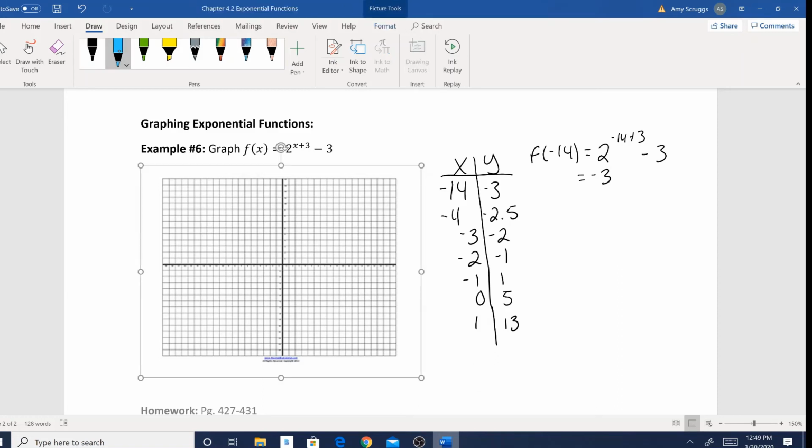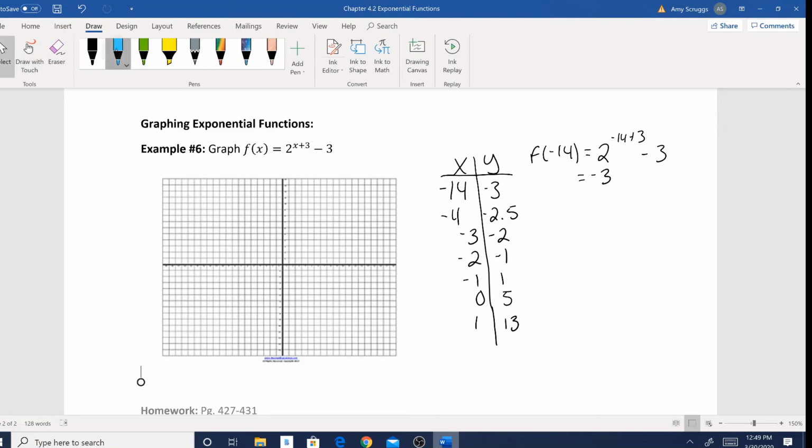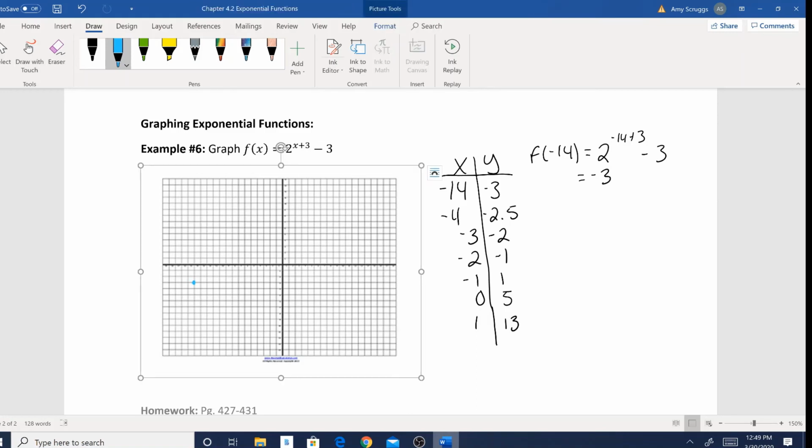Once you get those, let's just go over here to this graph, and let's just do the best that we can to graph it, even if it goes off the graph here. So let's try negative 14, negative 3. Okay, about right there. And now let's try negative 4, negative 2.5. It can be really hard to see, but it's about right there.